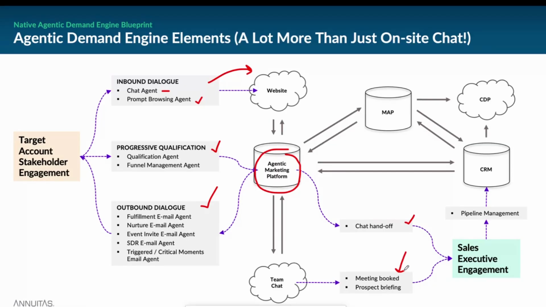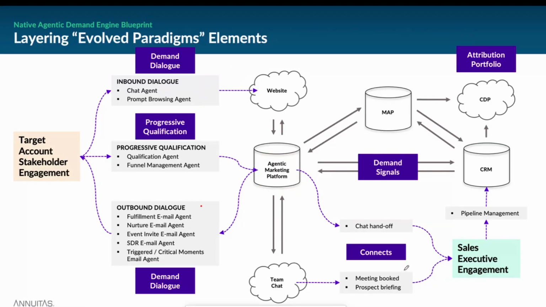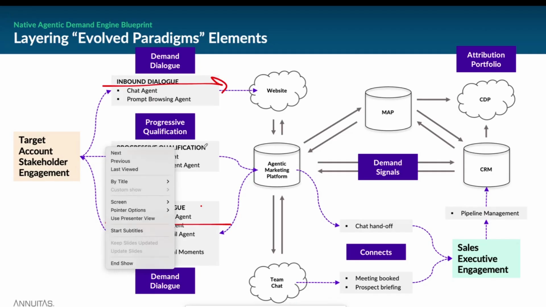If we overlay some of those evolved paradigms we talked about, we see a number of things that are starting to play out through here. One is this idea of real demand dialogue that is multi-channel, that is two-way, that is across inbound and outbound, that we are not doing lead and funnel management anymore. We're doing progressive qualification.